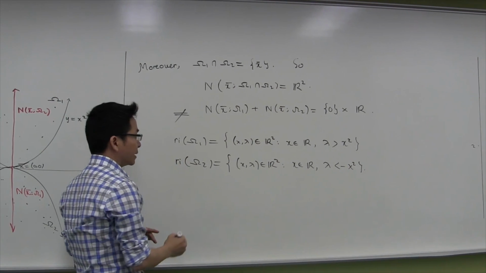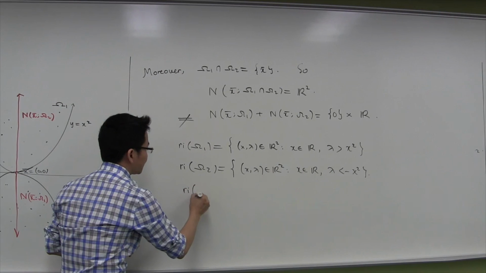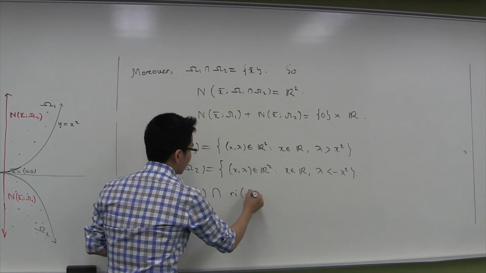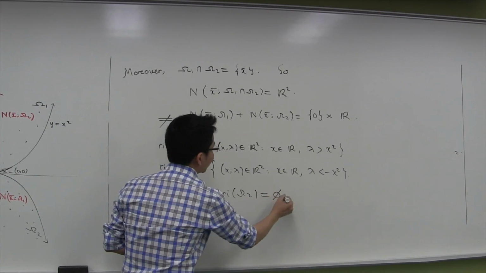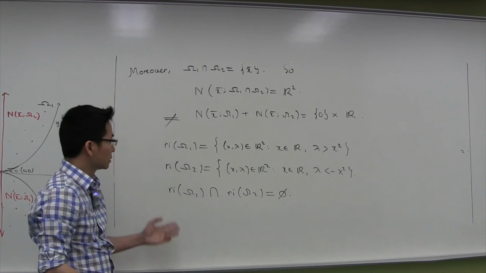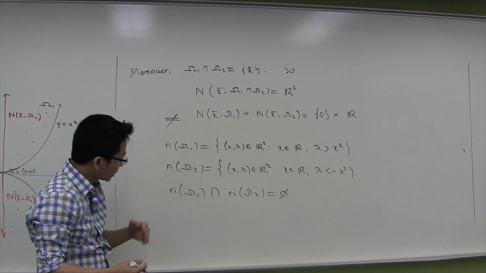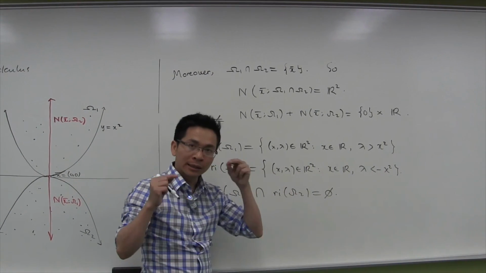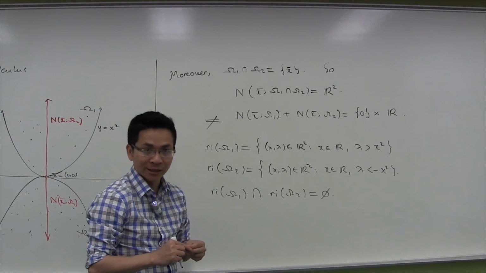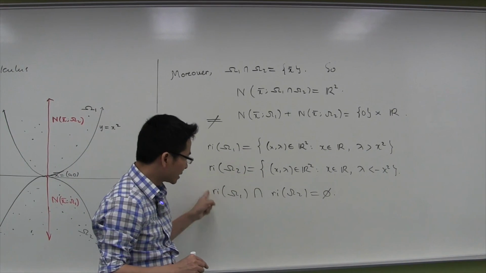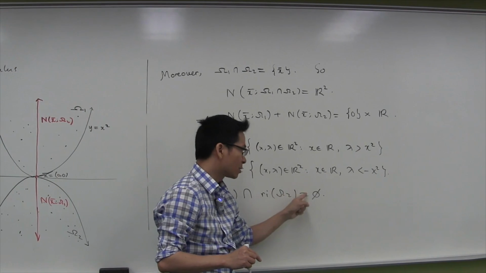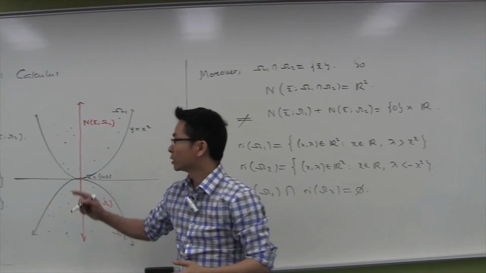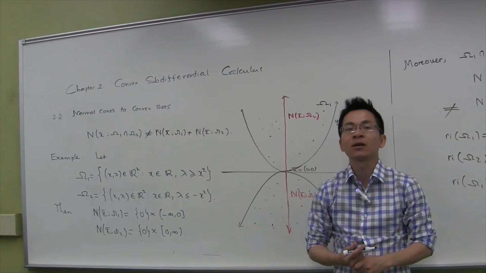Therefore, in this situation, we see that this intersection is equal to the empty set. Okay, so without assuming that omega 1 and omega 2 intersect each other significantly, in the sense that this intersection has to be non-empty, then the conclusion of the theorem is not guaranteed.